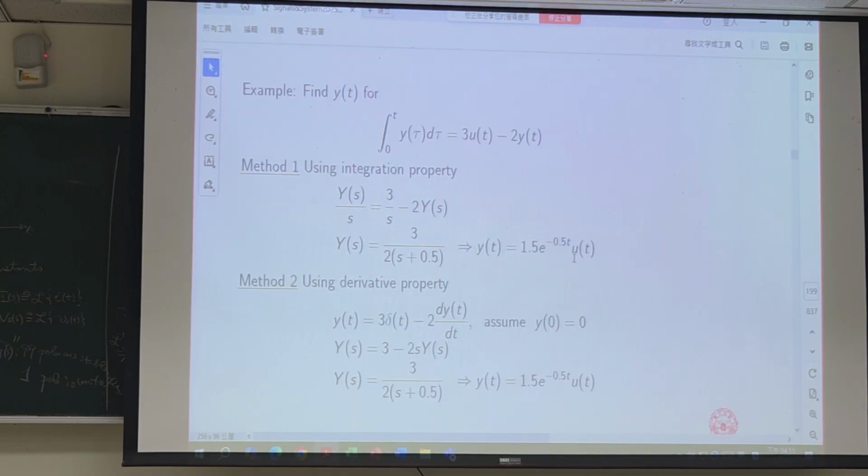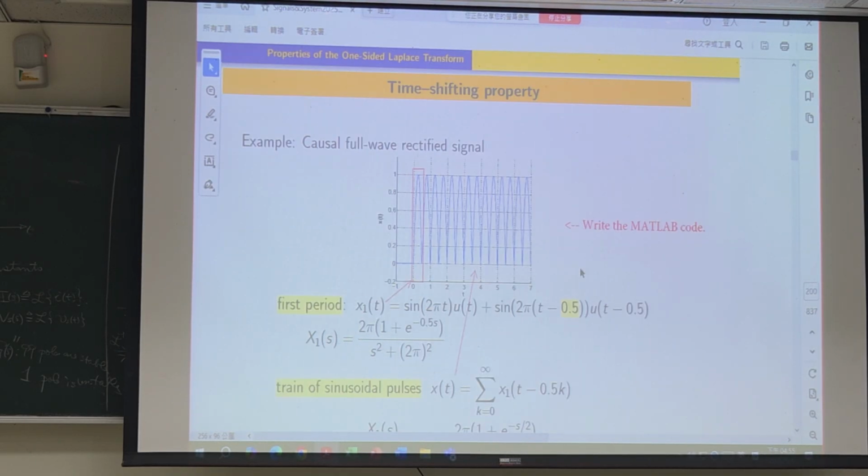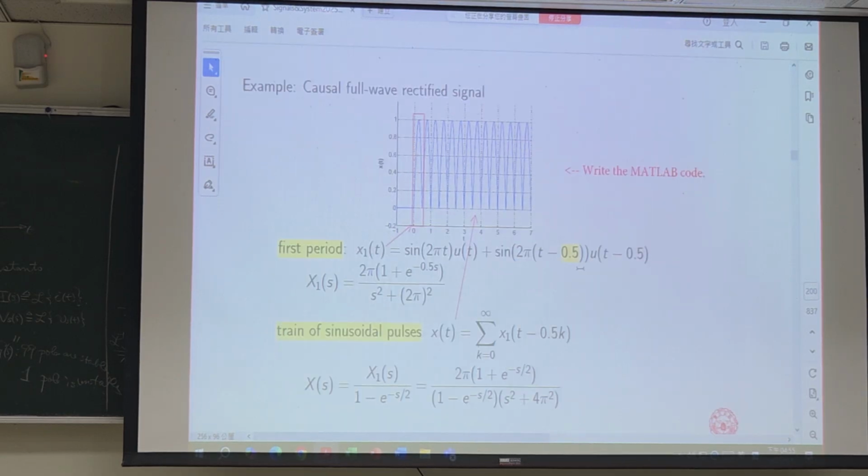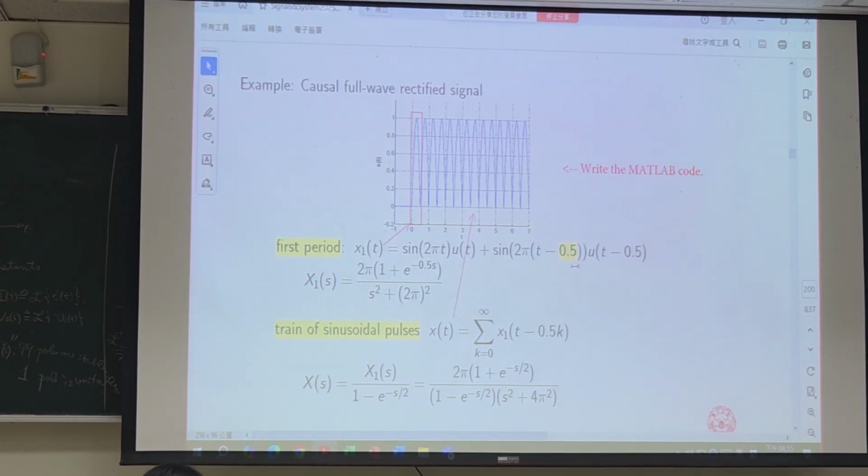Okay, I think this one is easy, so I'm going to ask you to read it also. All right, another example.